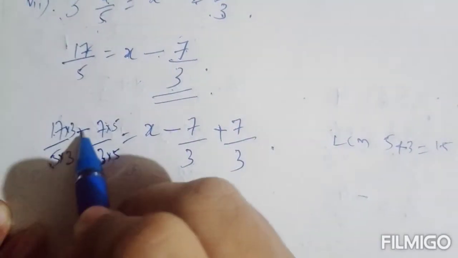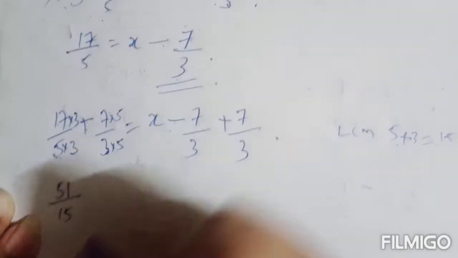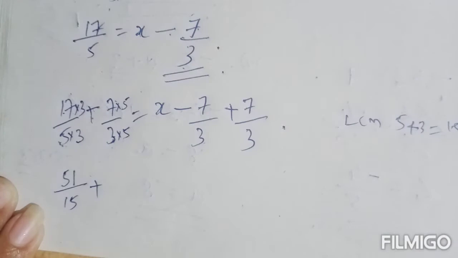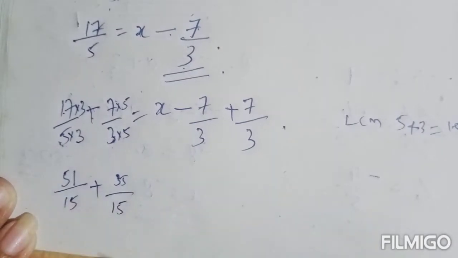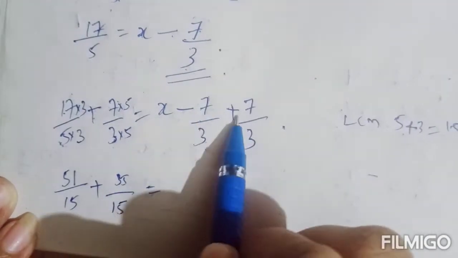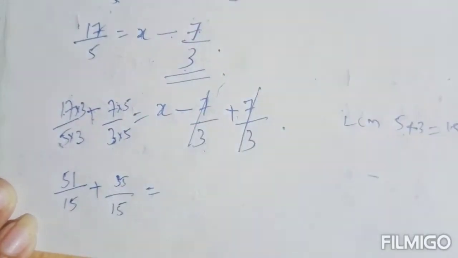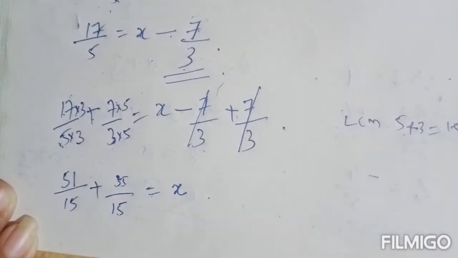Now 17 into 3, it is 51 by 15 plus 7 into 5, 35 by 15 equal to x minus 7 by 3 plus 7 by 3, it is 0. So you can cut that. Remaining you will get x only.